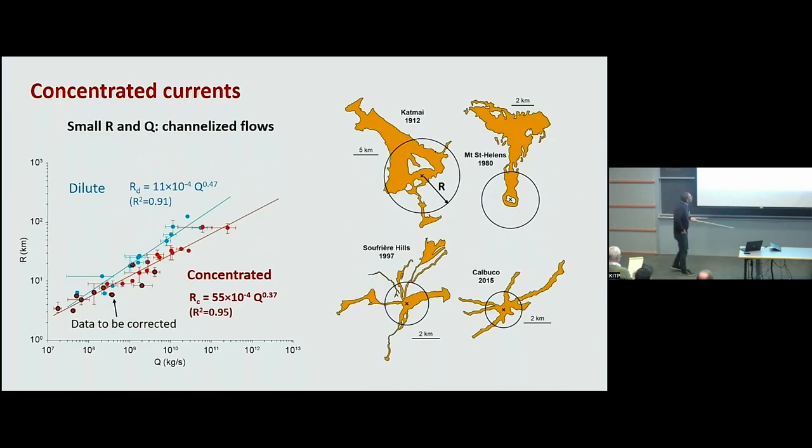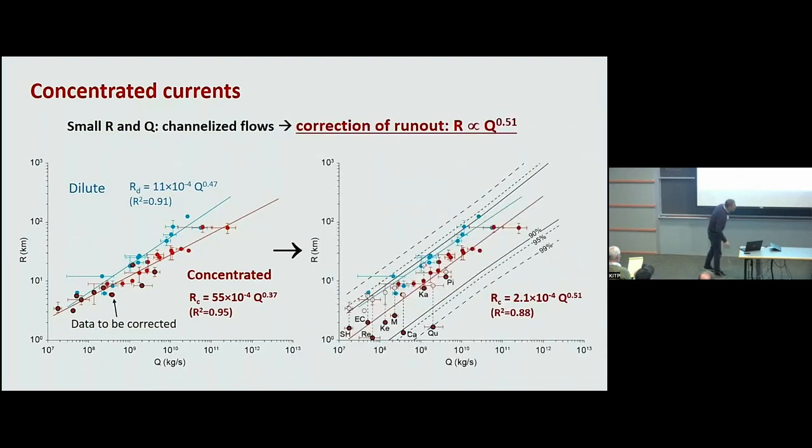So here we corrected the runout distance using a simple method. We calculated the area of the deposits and then considered the radius of circles of equivalent areas. And with these corrections, we obtained this trend, which is super parallel to that for the dilute currents and with an exponent of 0.51.